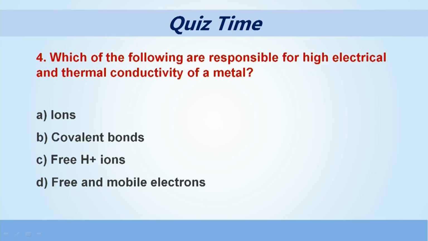Question number 4. Which of the following are responsible for high electrical and thermal conductivity of a metal? Option A, ions, option B, covalent bonds, option C, free H plus ions, and option D, free and mobile electrons.